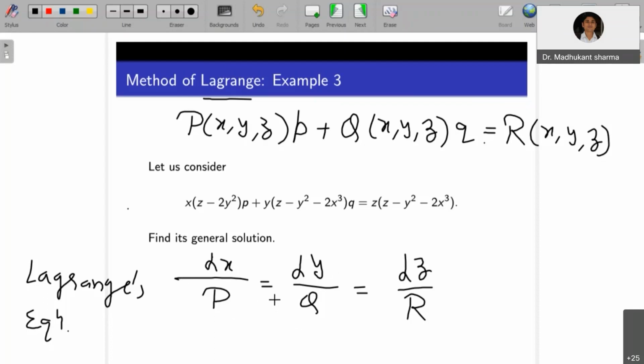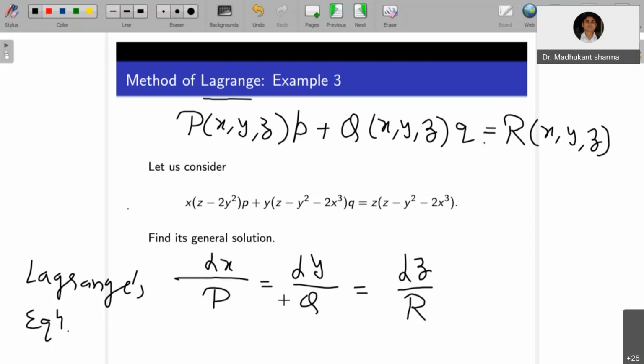There are various ways; that is not a unique way. Somebody can choose dx by P equals dy by Q, or dx by P equals dz by R, or the second and third, dy by Q equals dz by R.